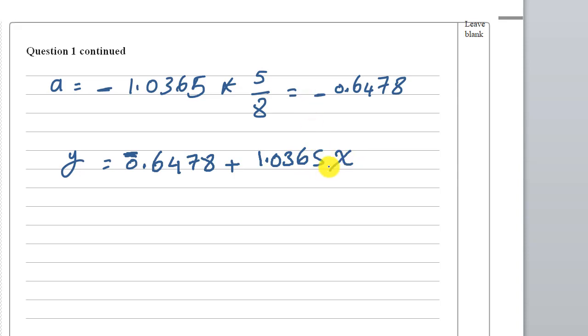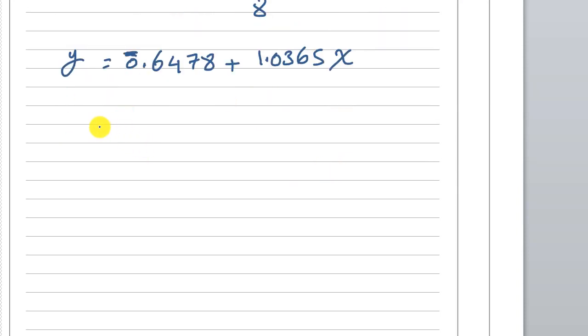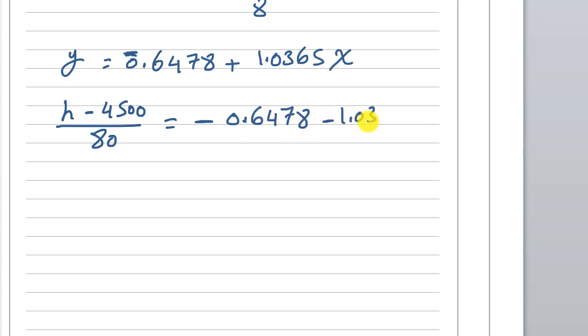Now we know that y is equal to h minus 4,500 divided by 80, is equal to minus 0.6478 plus 1.0365 multiplied by x, where x is f minus 3,500 divided by 80.